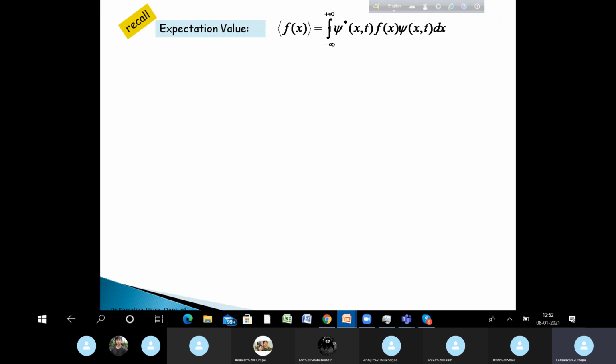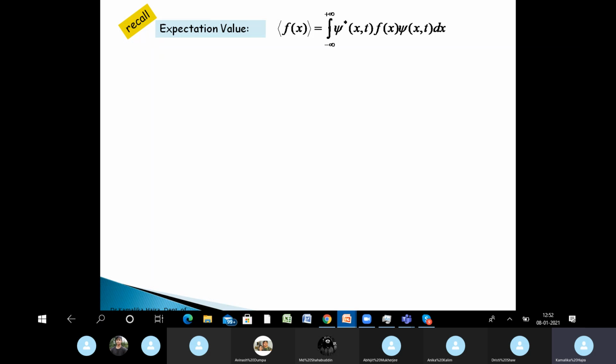So this is how we defined the expectation value of a given function f(x). This angular bracket with f(x) within it represents the expectation value, and its mathematical formula is this: integration from minus infinity to plus infinity psi star f psi dx in one dimension, that is when we are considering only the x direction.